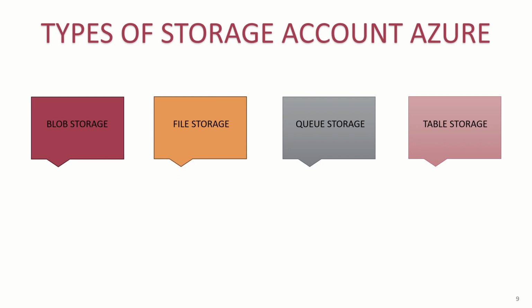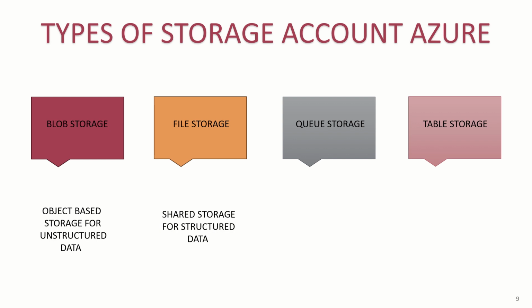What is blob storage actually? It is an object-based storage for unstructured data. File storage is a shared storage for structured data. Queue storage is for storing a large number of messages, so it can act as a buffer here. Table storage is a kind of structured NoSQL data in the cloud.